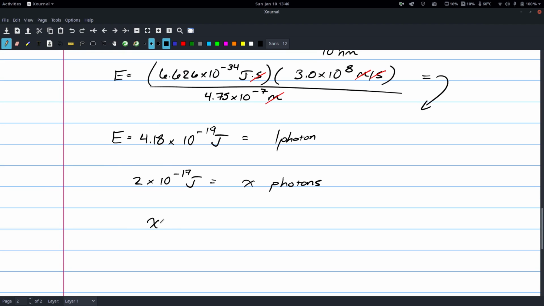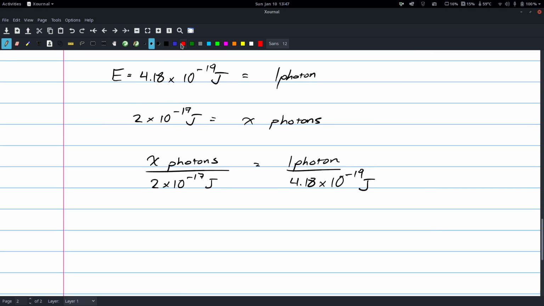So I do x photons over 2 times 10 to the negative 17 joules is equal to 1 photon divided by 4.18 times 10 to the negative 19 joules.